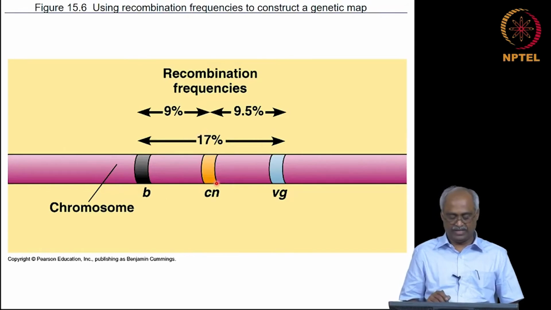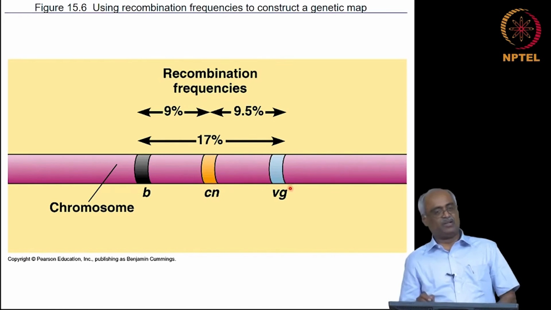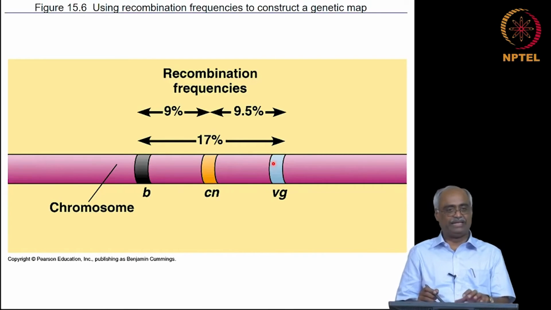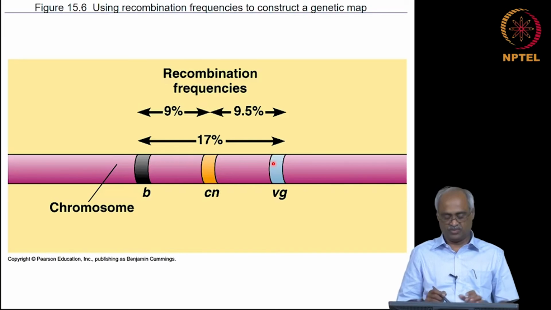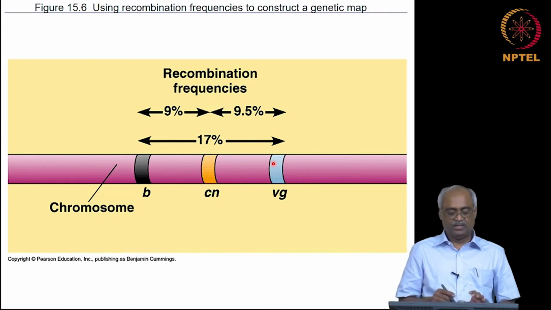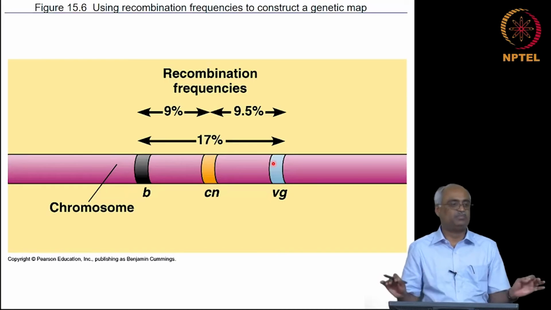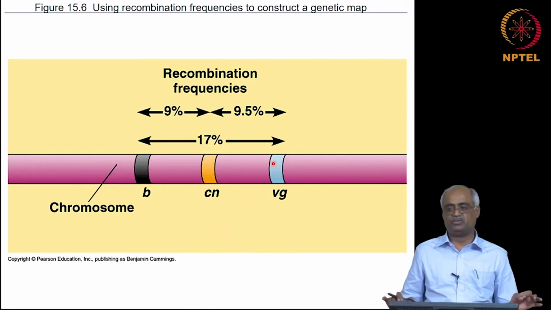By finding out the distance between these two and these two, people are able to tell Vg is actually on the left side of black on the chromosome, and it is at this distance. So that we will learn in detail when we go to a genetic cross later, okay. But the main point here is the recombination frequency reflects the distance between different loci on a given chromosome.